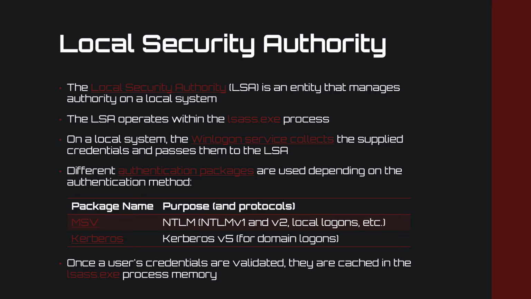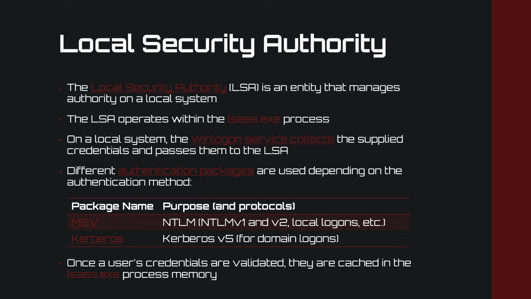Now, in Windows, the Local Security Authority, often abbreviated as LSA, is the entity that manages and oversees authority on a local system. And its main purpose is to facilitate user authentication. So whenever a user logs into the system, the Winlogon service collects the supplied credentials and then passes them to the LSA. The LSA then verifies the credentials and determines whether to authenticate the user.